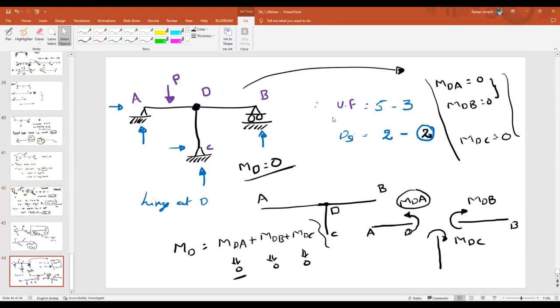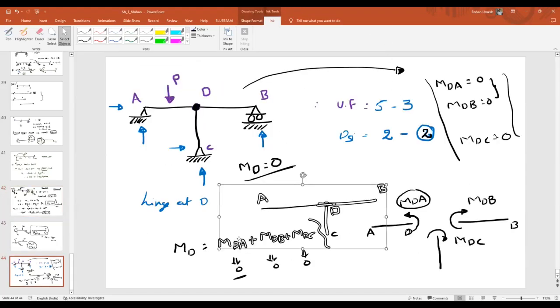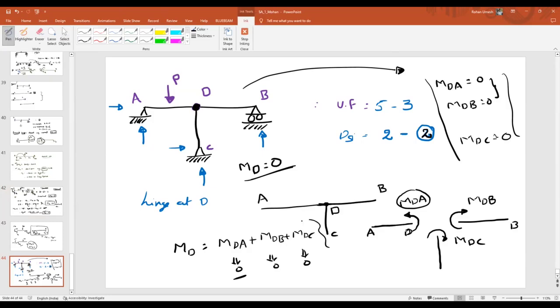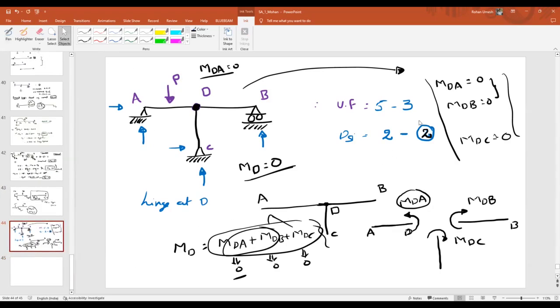Just like in the same case, if out of these three any two are 0, then the other one will also be equal to 0, even if you consider that equation or even if you don't. That means you can say MDA is equal to 0. The logic that two should be equal to 0 and the remaining one is automatically 0. Do you guys agree with that?